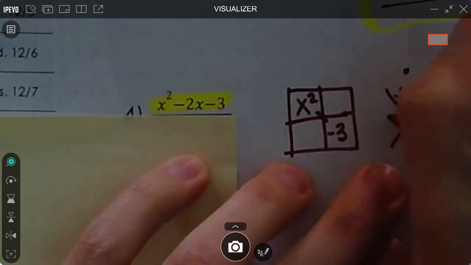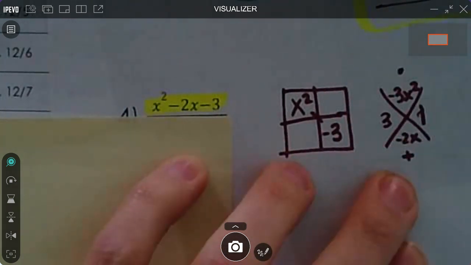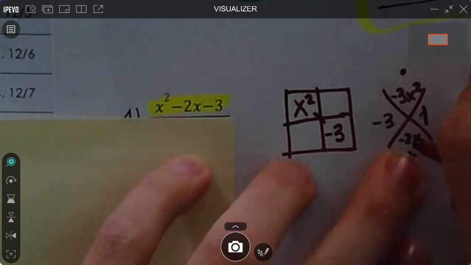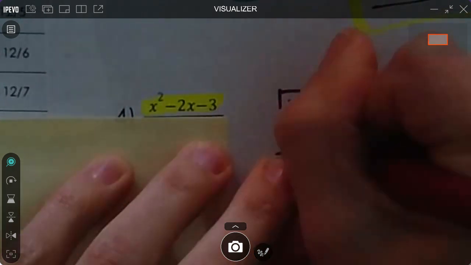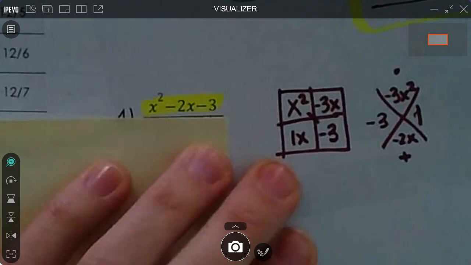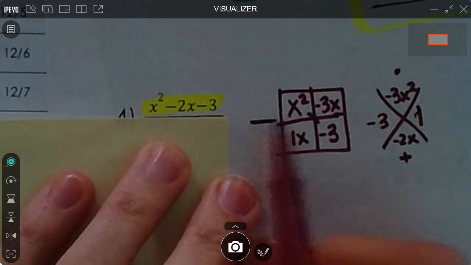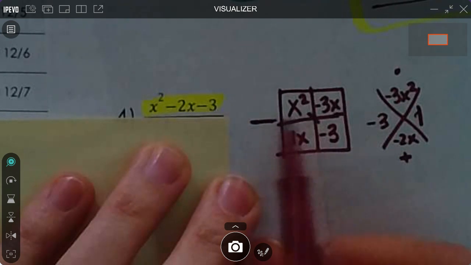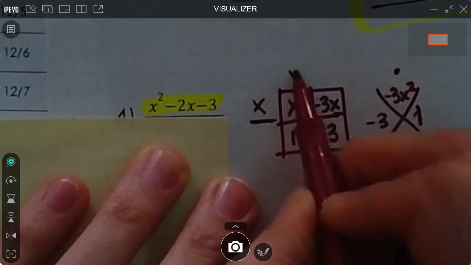Oh, yeah. I heard 3 and 1. Fix the signs. Good. Because those would add to negative 2, right? All right, so negative 3x, 1x. How do I find this? Because it's the greatest common factor of that first row. And then finish your puzzle.